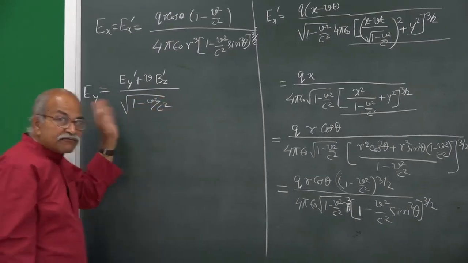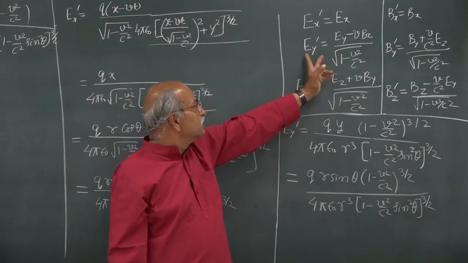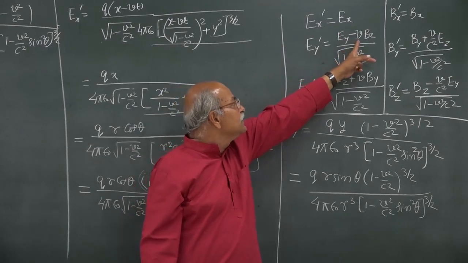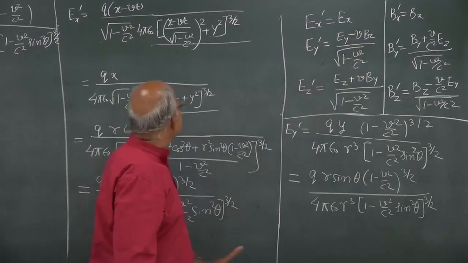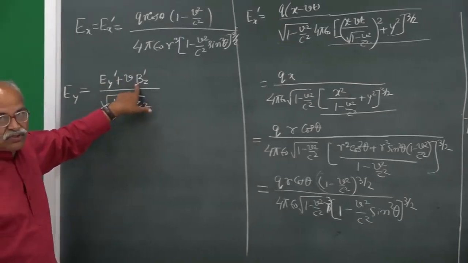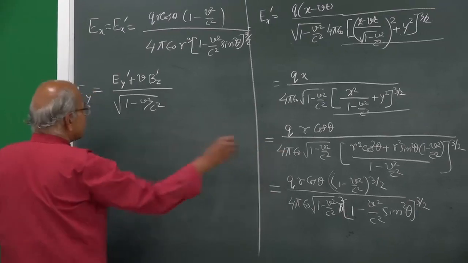This is from the transformation equation. I am reversing, inverse transformations are needed. So, Ey is equal to Ey prime plus V Bz prime and then this denominator. So, Bz prime is 0. So, this factor is not there, and Ey prime is there.